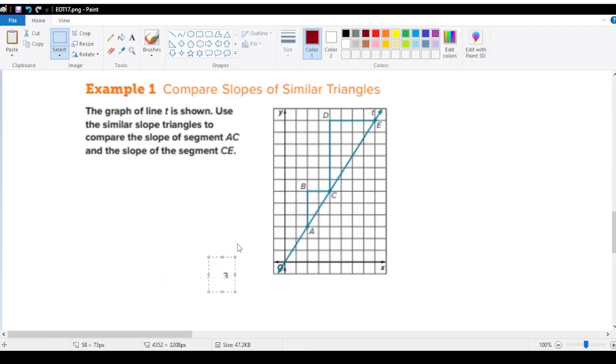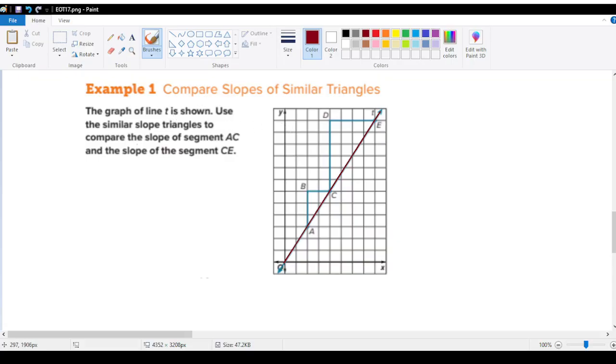Let's read this part. Now look, the graph of line T is shown. So this line, I'm going to color it in red so it will be special. This line is T. This is the graph of the line T.